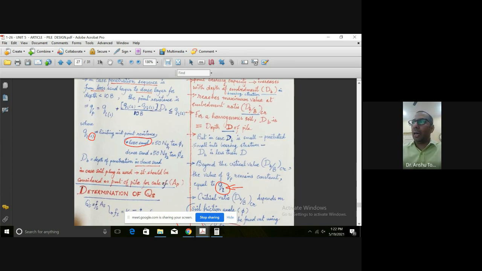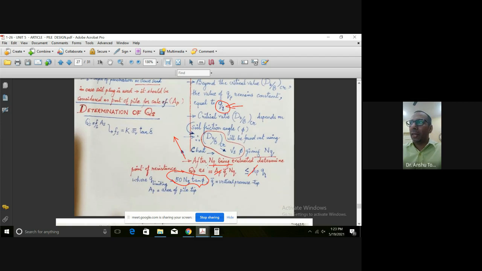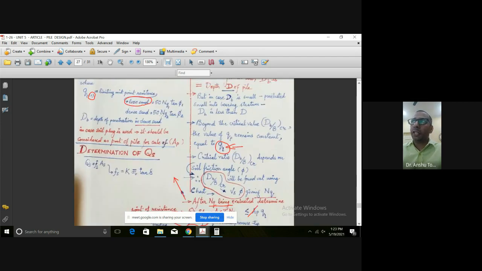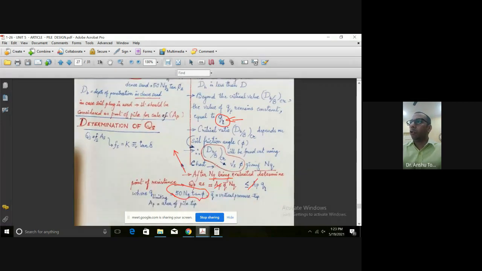NQ आपने यहां से निकाल लिया है, और 50 कोफिशिएंट है और 5 आपको गिवन है. सो 50 NQ टेंजेंट 5 जो यहाँ पर गिवन है, that is for the single layer.